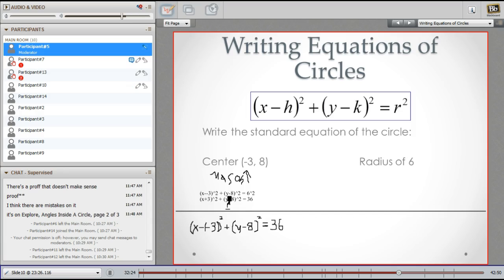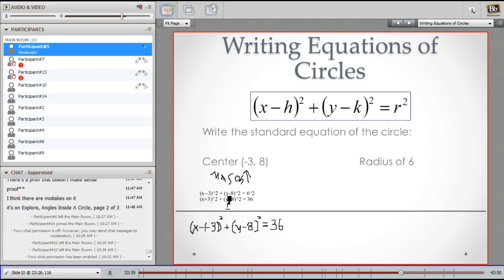All right, very good. Oh, and I have the chat turned off. Mason asked on his problem if he should keep going, and I think what you're saying, Mason, is you're asking if you should take x minus 3 times x minus 3 and FOIL that out.